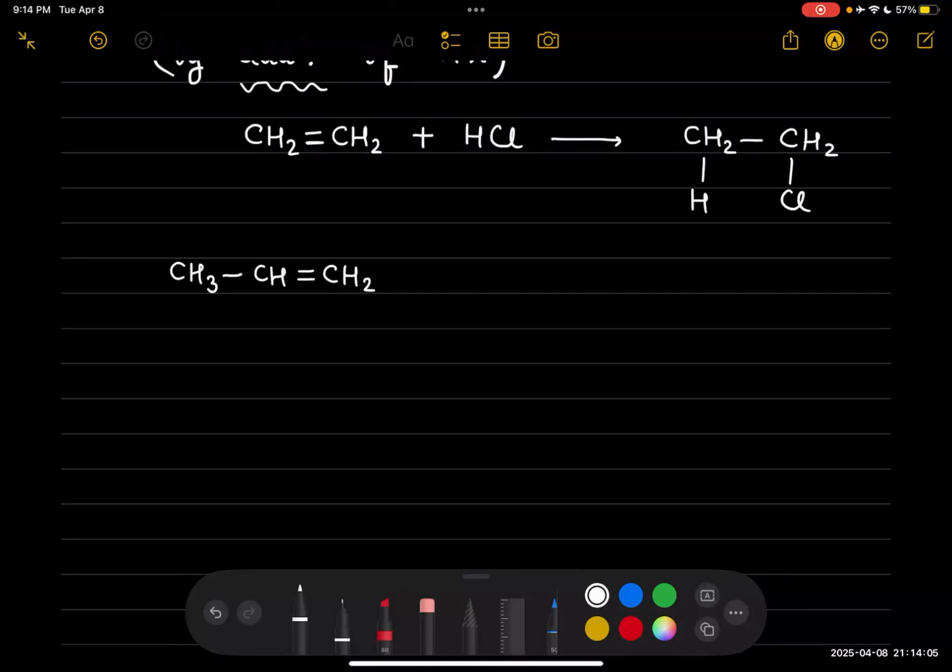It is now a matter of concern where I should put H and Cl, because now I have two options.